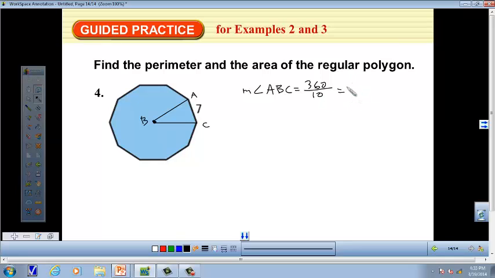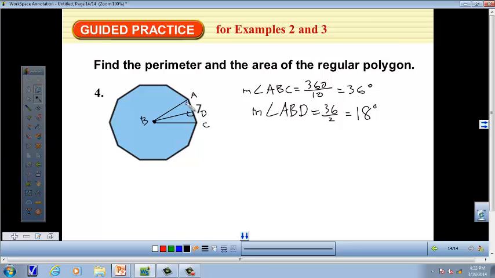So there would be 10 angles. This gives us 36 degrees. If I draw a line here, that's my apothem. And if I call that D, then I know that the measure of angle ABD is going to be 36 divided by 2, which gives me 18.